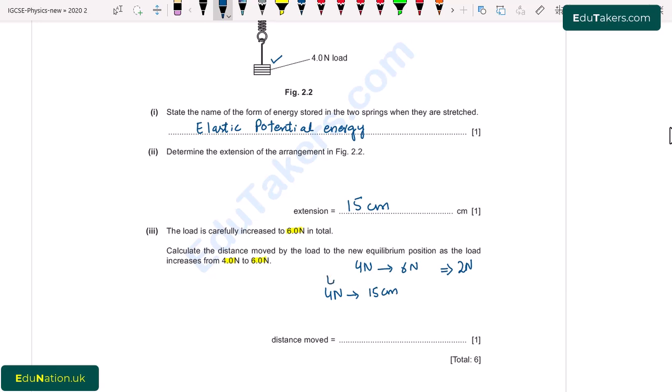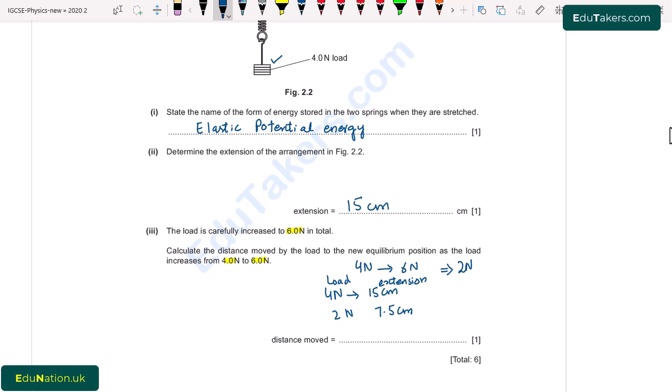It is load and it is extension. It means that if I decrease the load to 2 newton, then its extension becomes 7.5 centimeter. Here we are given a 2 newton load because first of all there are 4 newton and then we increase to 6 newton. It means that we have increased its value by 2 newton.